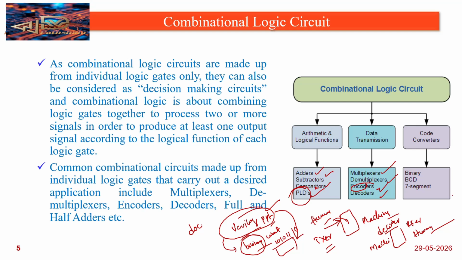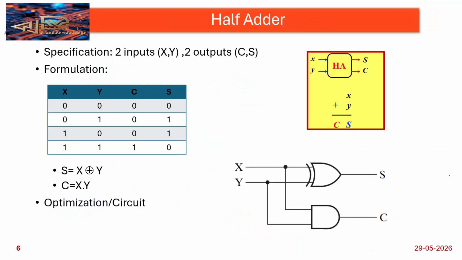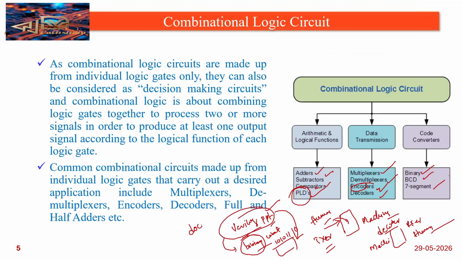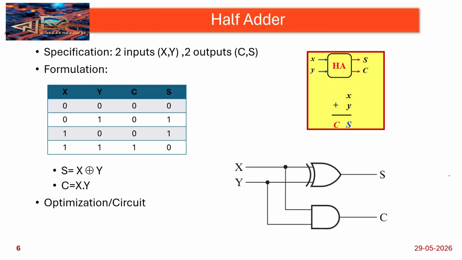Okay, and also we have some code converters like binary to BCD, 7 segment displays, all these things. One more thing: what is the role of encoders in the combinational circuit? Encoders encode the data we take into binary formats.